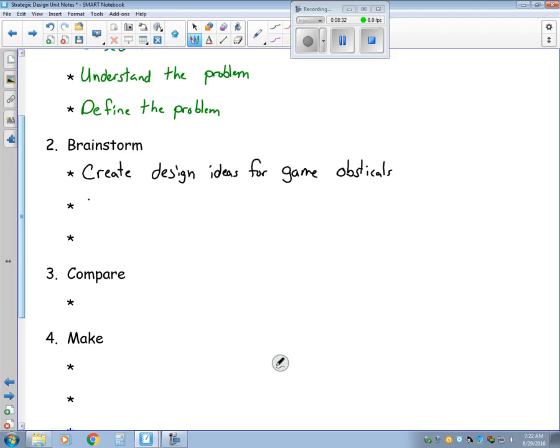Do your research. Don't try to reinvent the wheel. Be able to explain what your design should do.